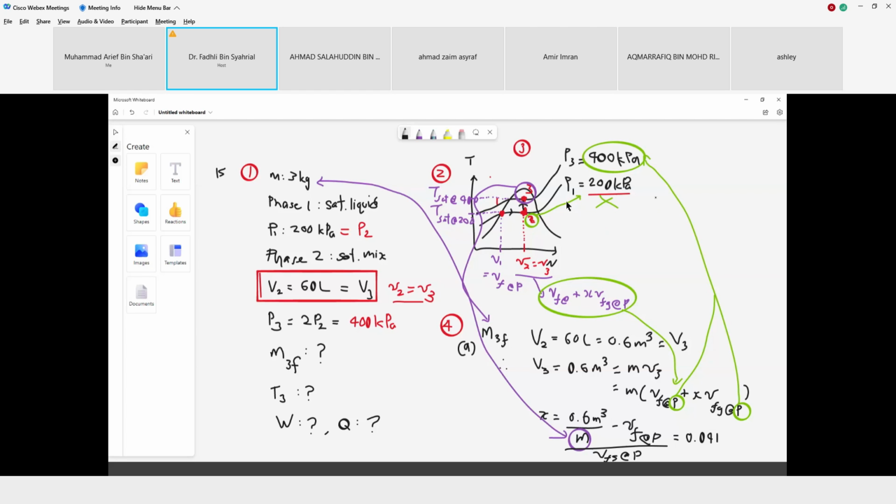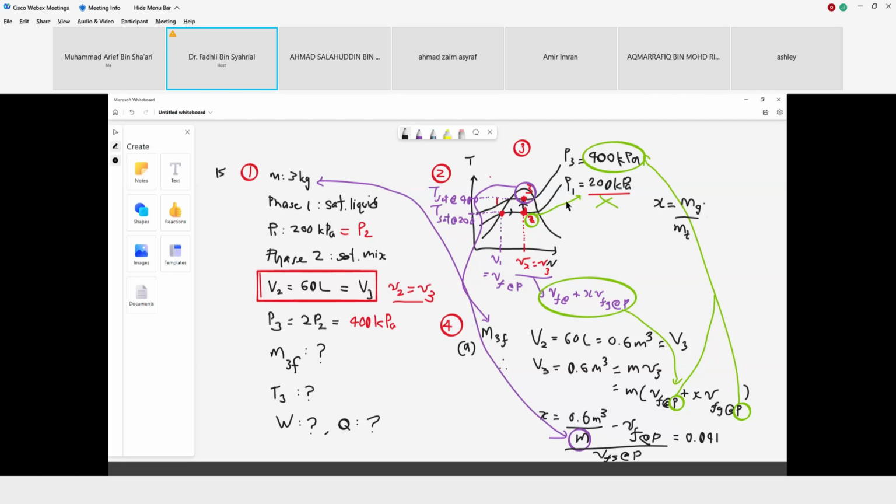As we know, X is equal to mg over M total. Okay, kita nak cari MF.